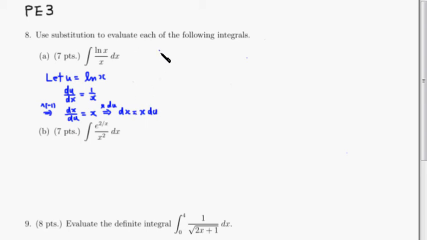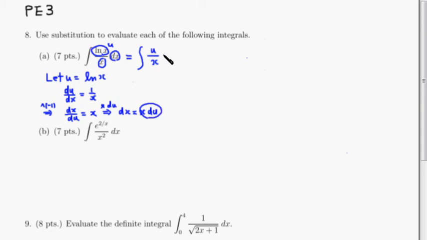So we're going to rewrite this integral. We decided to call natural log of x u. So you have u on top, and I'm going to leave x on the bottom as it is, since we can take care of that later. dx right here, we just found that that's the same thing as x times du.